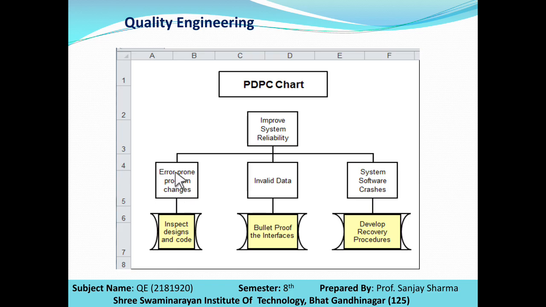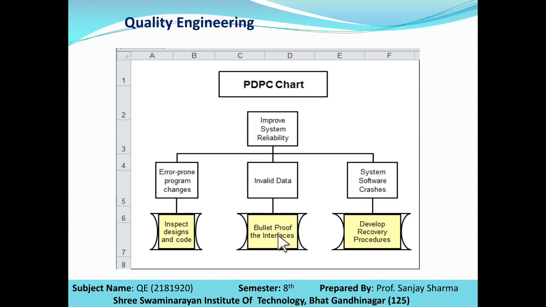For error prone program changes, you inspect design and code. So for any error prone program change, you have to inspect the designs and its coding. For invalid data, bulletproof the interfaces. This PDP chart is for computer software, showing how we can improve system reliability.